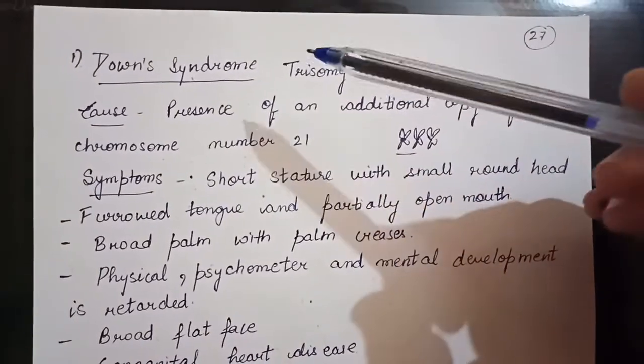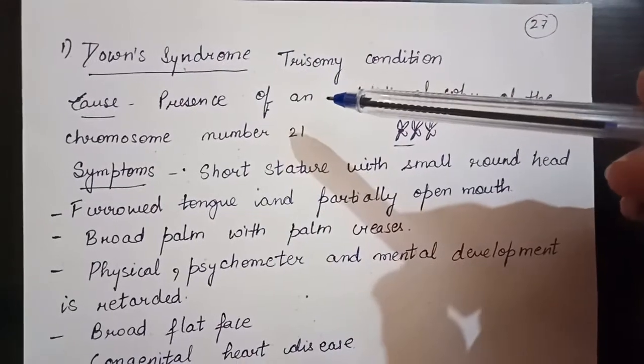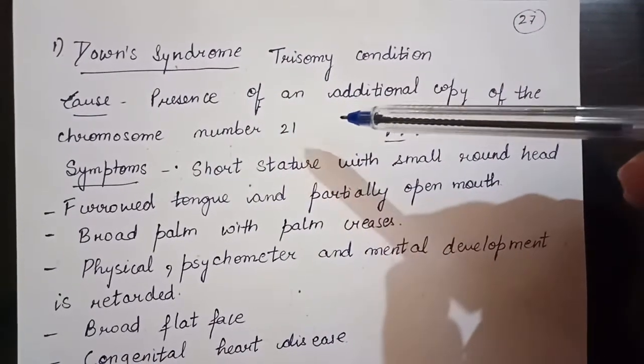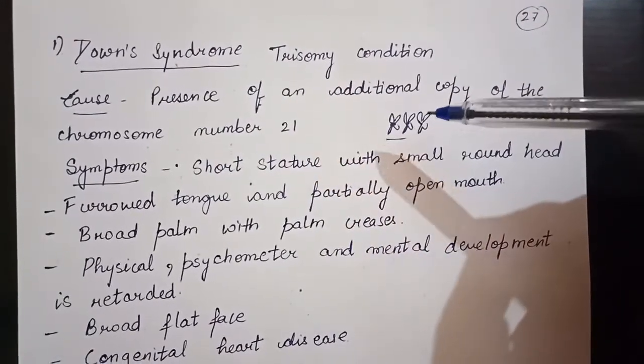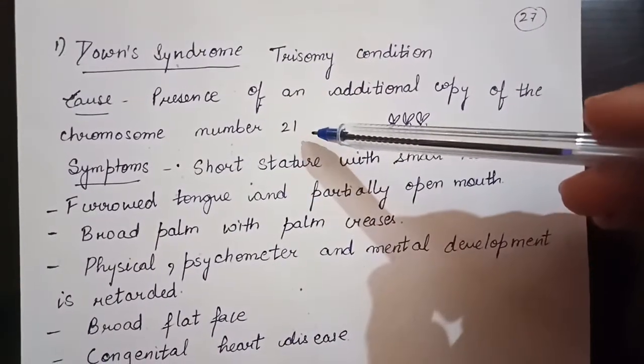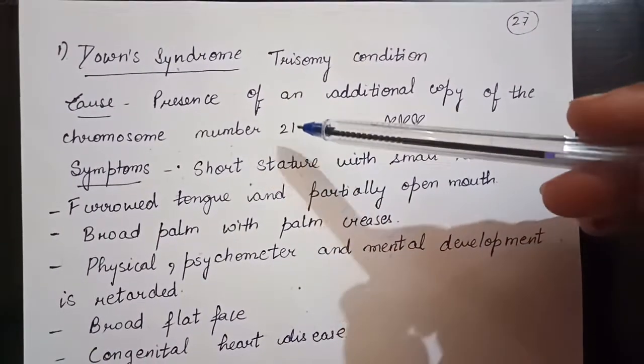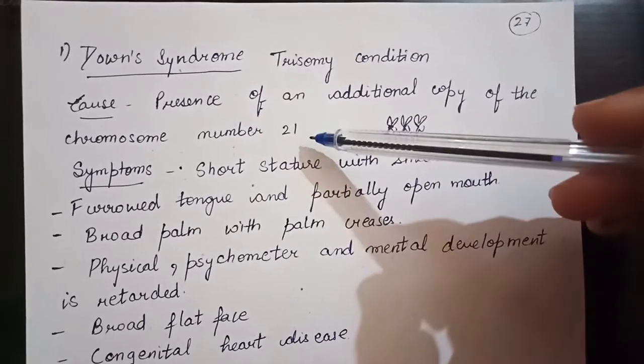So let's discuss the first type, that is Down syndrome. Down syndrome is caused because an extra chromosome is present with the 21st pair of chromosomes. The 21st pair is considered an autosomal pair.